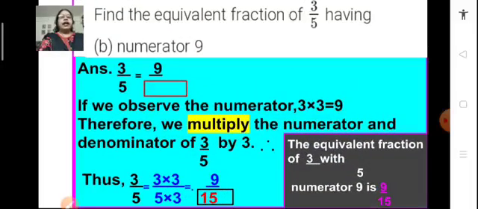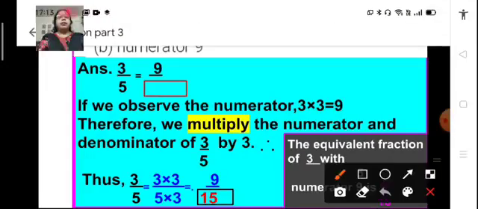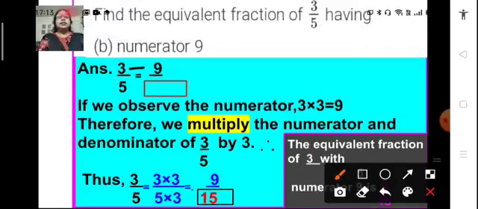Next question, find the equivalent fraction of 3 upon 5 having numerator 9. Here we have to find the equivalent fraction of 3 upon 5 such that the numerator is 9. How do we get numerator 9? We get numerator 9 by multiplying 3 by 3, isn't it?